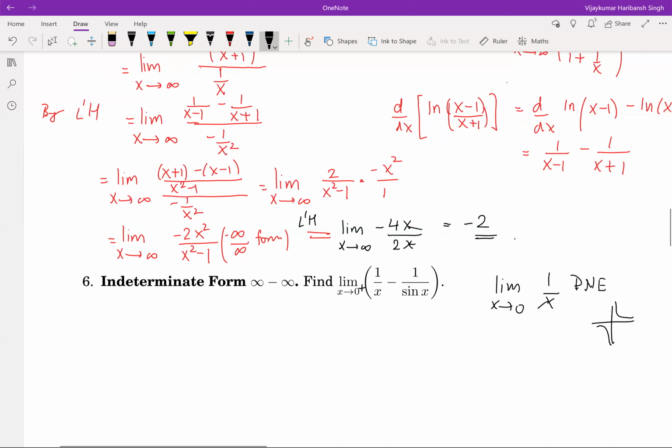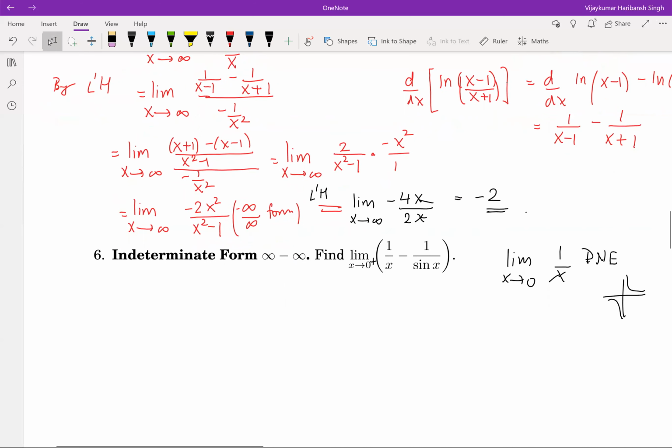Okay, so limit of x goes to 0 plus of 1 by x minus 1 by sine x. So it's of infinity minus infinity form, as you can see. Now, to apply L'Hopital's rule, we need one function divided by another. So we'll cross multiply and simplify.